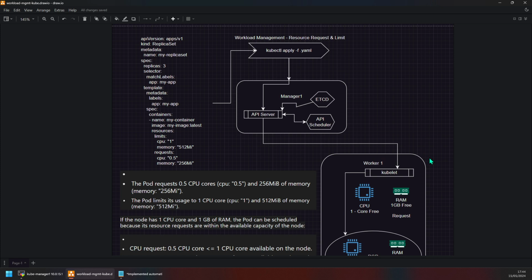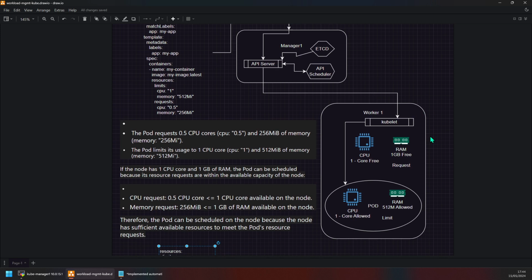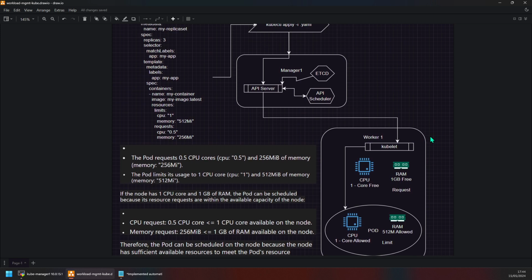Now, in this example, let's just say we have only one worker node, so that's easy for us to understand. What is the responsibility of the Kubernetes scheduler? We will look at it first before we proceed further. The Kubernetes scheduler is responsible for placing pods onto the nodes in the cluster.